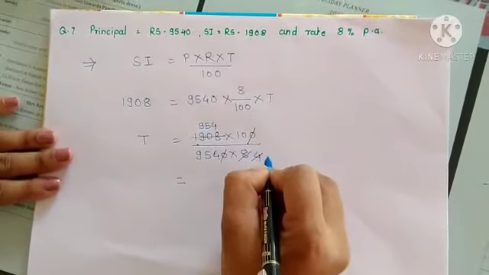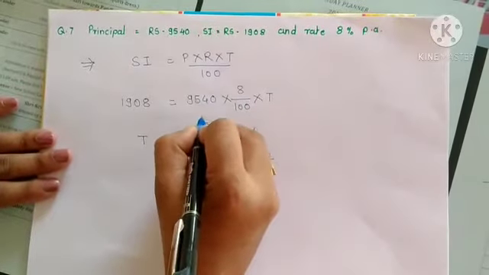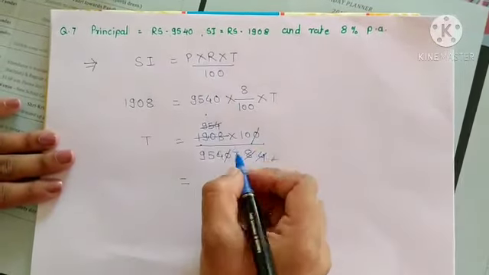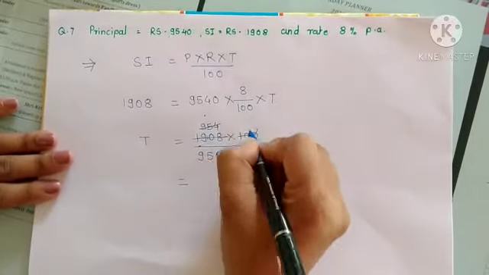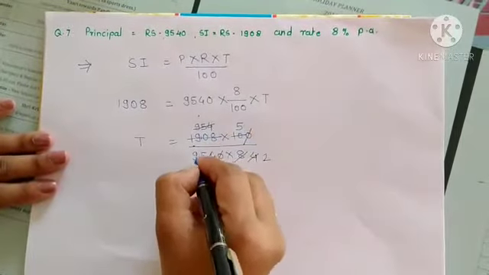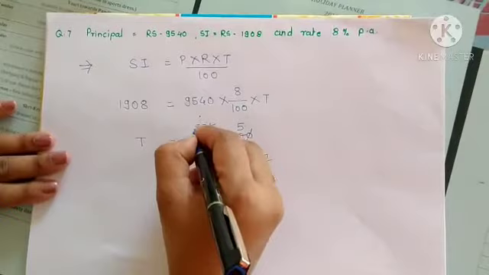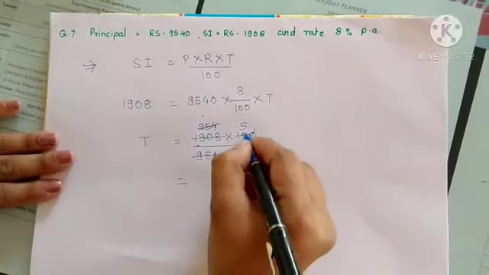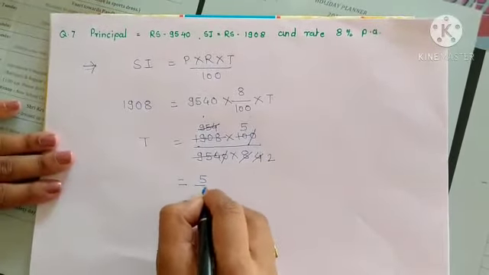So 2 2s are 4, 2 2s are 4, 2 5s are 10. This 954 cancels with this 954. So our answer is 5 upon 2.